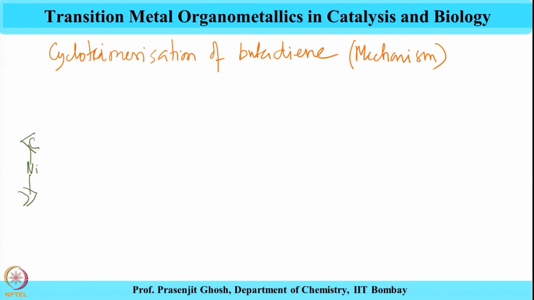The precursor is a nickel bis-allyl complex, that is the catalyst precursor, and the oxidation state over here is nickel 2. Now, in the presence of butadiene, it undergoes reductive elimination.